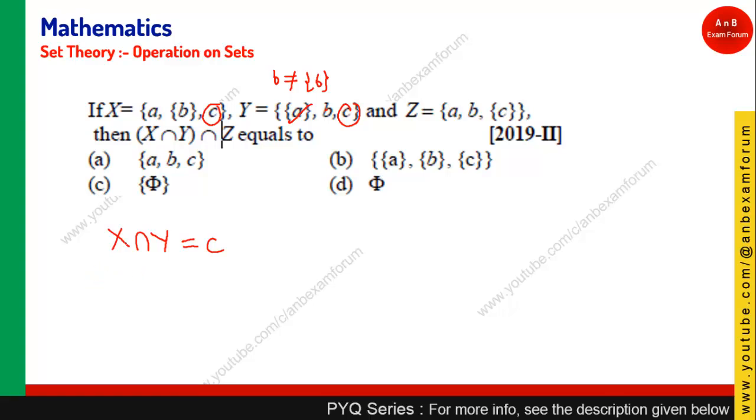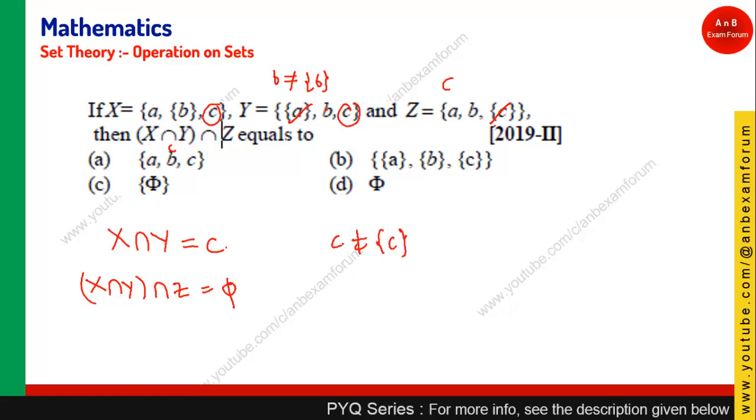Similarly, X intersection Y intersection Z. We have c here, and this set. What is the common? Since this is a set and c is an element, those two are not equal, therefore the answer would be the null set, because c is not equal to the set c.